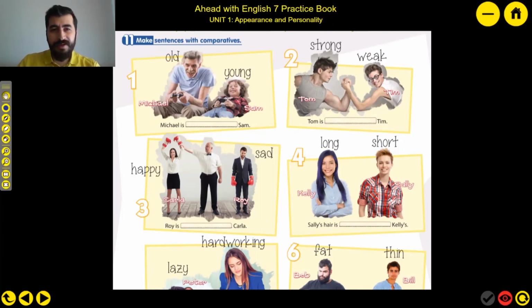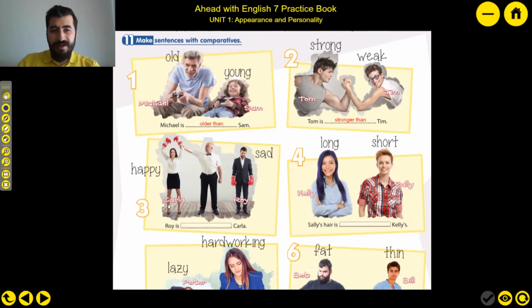How can we compare? Michael is older than Sam. Let's do the second. Strong, weak. Tom. We start the sentence with Tom. Tom is stronger than Tim. Tim is weaker than Tom. Or when we look at the first one, Sam is younger than Michael.